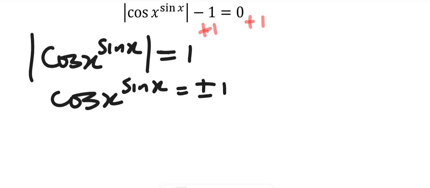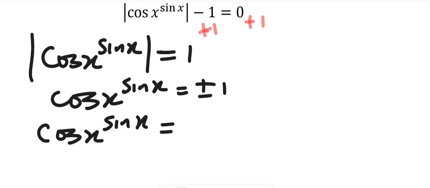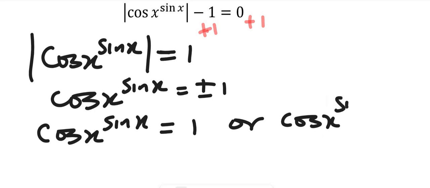Now, since I have cos x to the power of sine x equal plus or minus 1, I have two different equations. Cos x to the power of sine x is equal to 1 or cos x to the power of sine x equal minus 1.